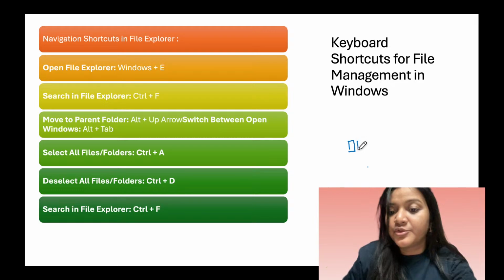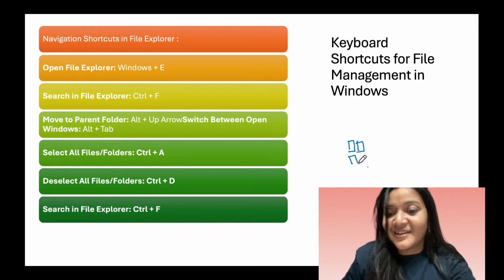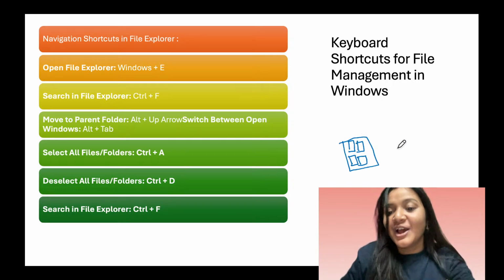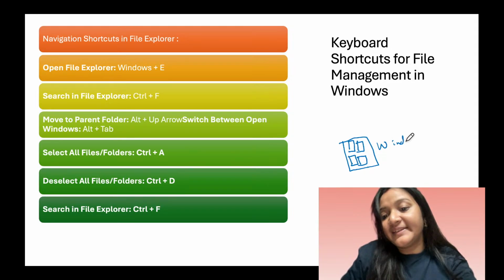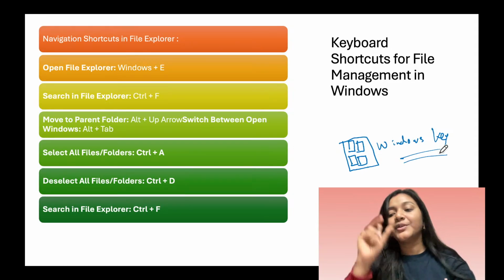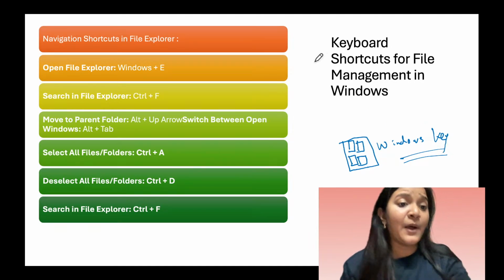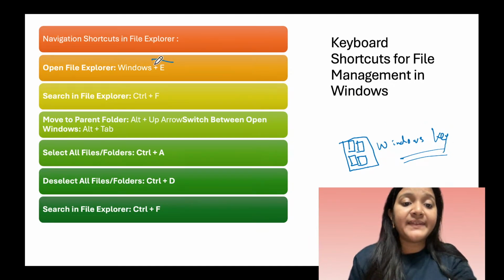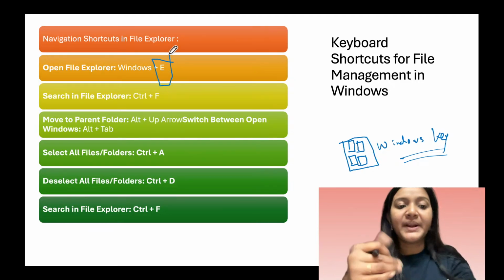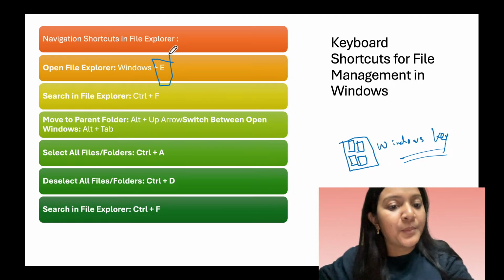Last time I'm trying to draw the Windows key nicely. 4 small boxes, but I'm drawing in a hurry, so it's looking so bad. But we will consider these as the Windows key. The key with the Windows logo, that one I'm talking about. Now, along with it you just press E. You press E, your File Explorer is open.